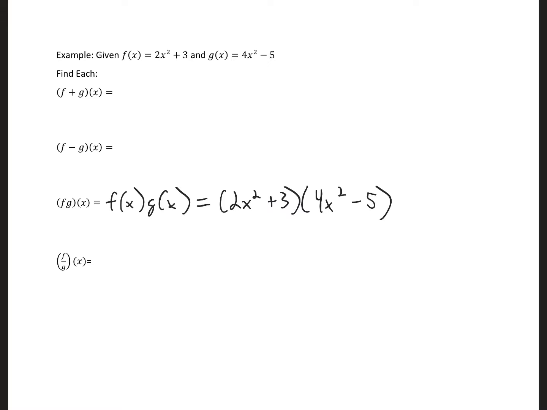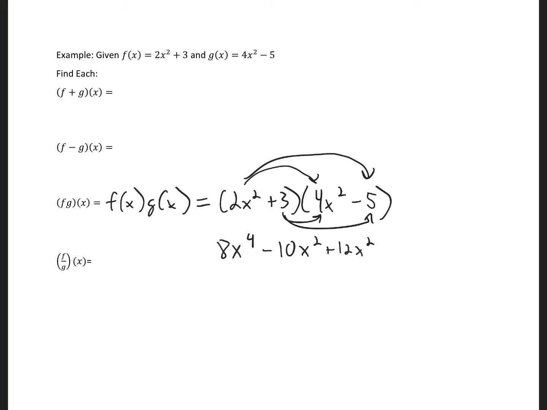And if we distribute to simplify this expression, we'd get 8x to the 4th minus 10x squared plus 12x squared minus 15. And combining those like terms, fg of x would equal 8x to the 4th plus 2x squared minus 15.